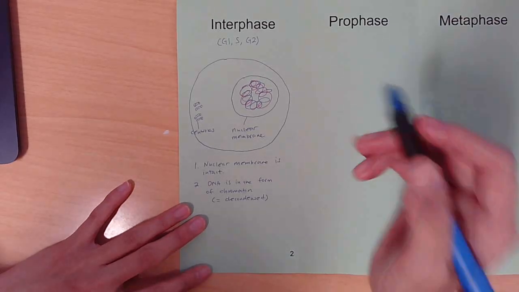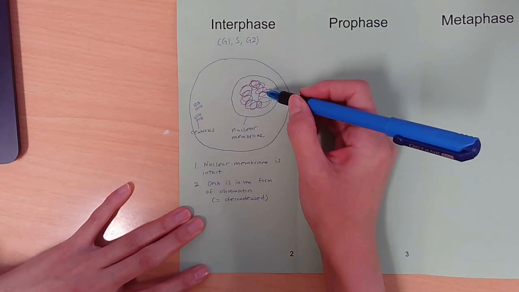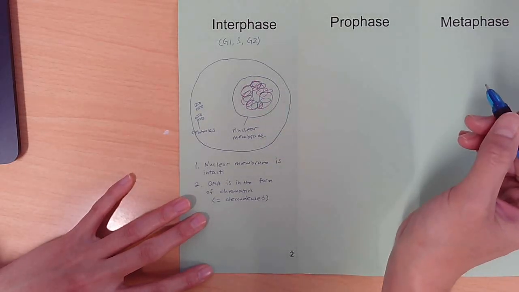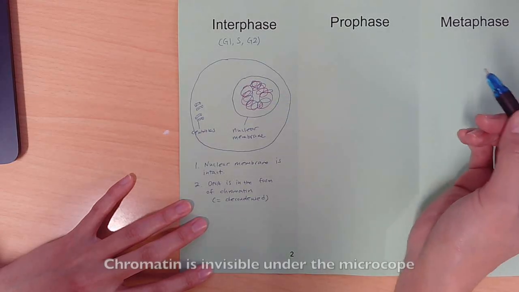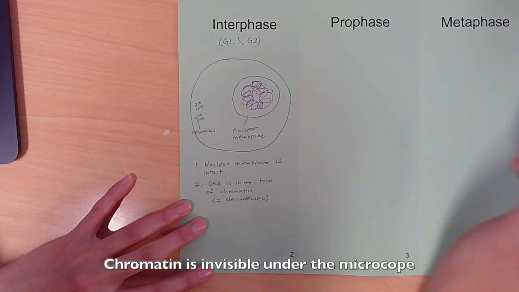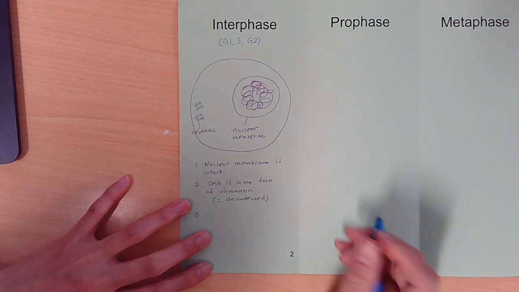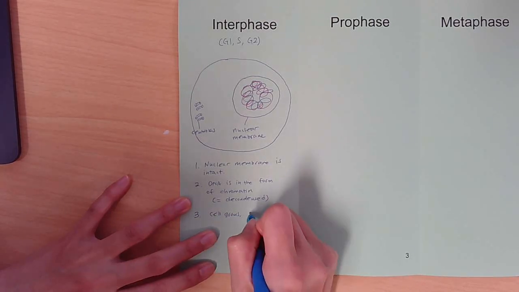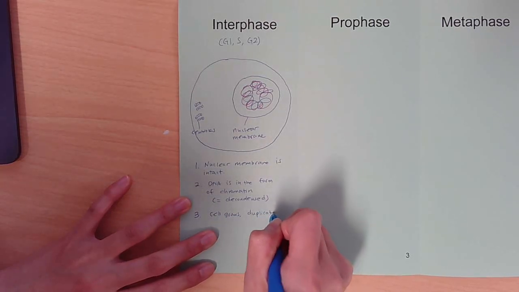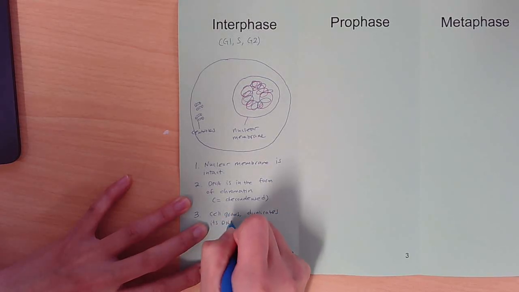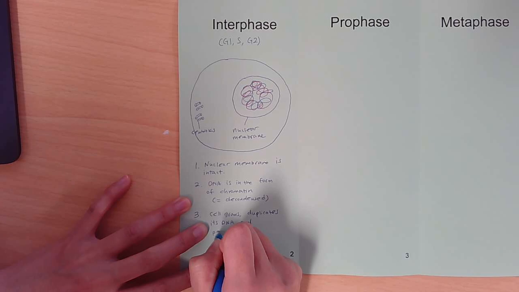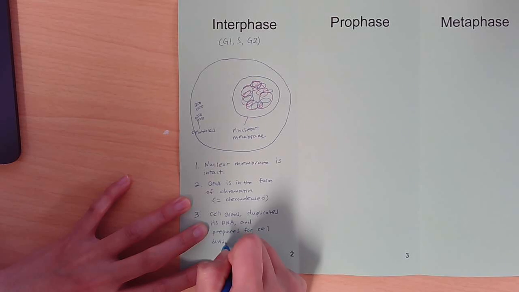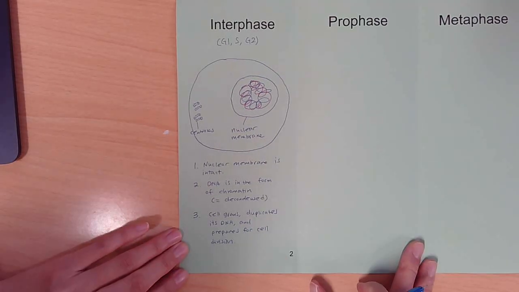What it means is that DNA is not coiled up yet, so DNA is spread out in the nucleus and it is not compacted in any form. So if you were to look at a cell in interphase under a microscope, you won't be able to clearly see the chromosomes. And as we talked about, during the interphase, the cell grows, duplicates its DNA, and prepares for cell division. Okay, so that sums up what happens during the interphase.